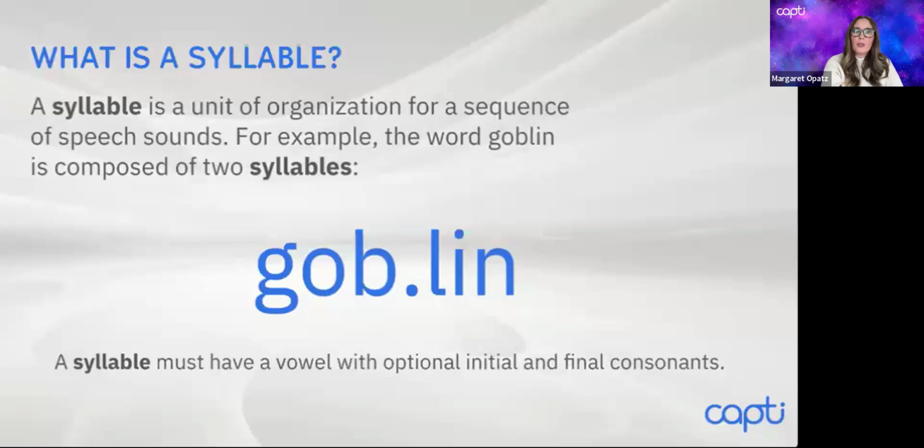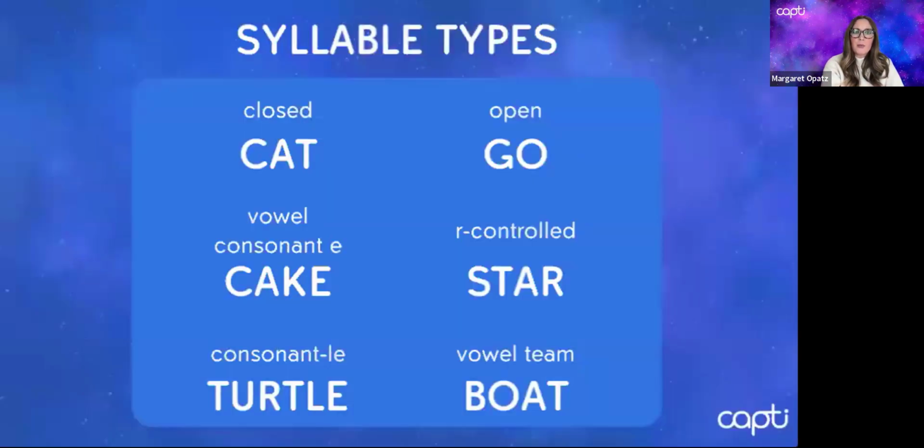We want them to know that words are made up of syllables, and that a syllable has to have a vowel. Now, there could be consonants before or after it, but there has to be a vowel. This is also another great way to see if students can really distinguish between what's a consonant and what's a vowel. And then from there we teach the syllable types.